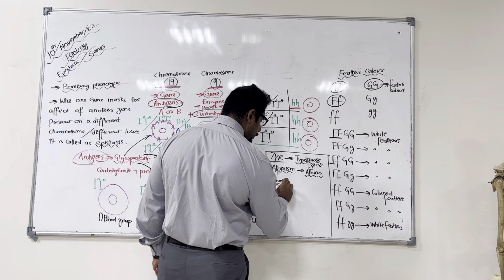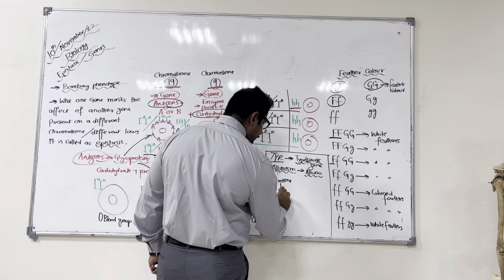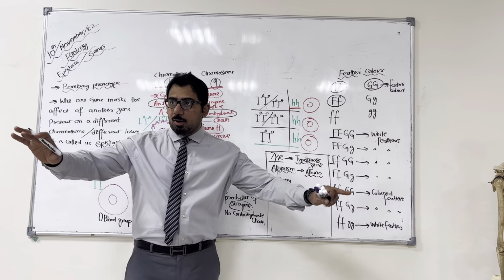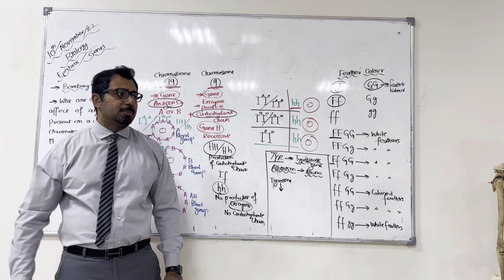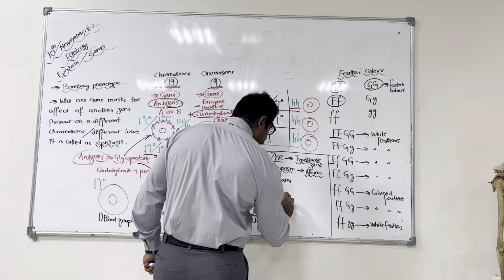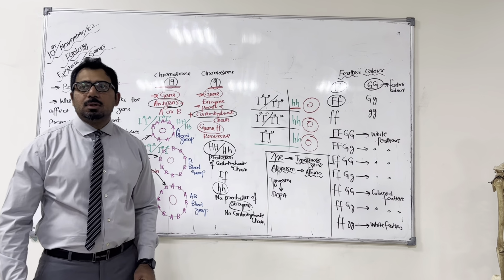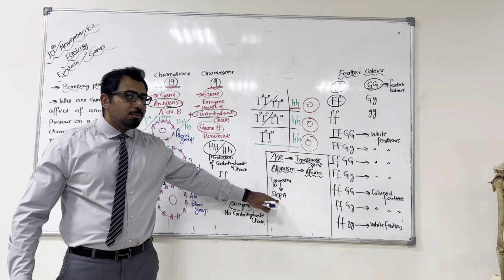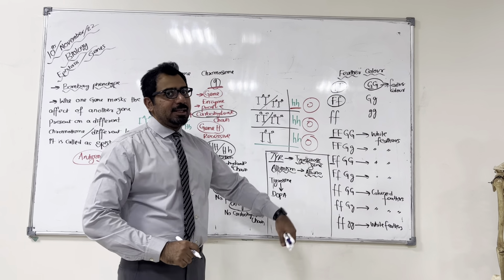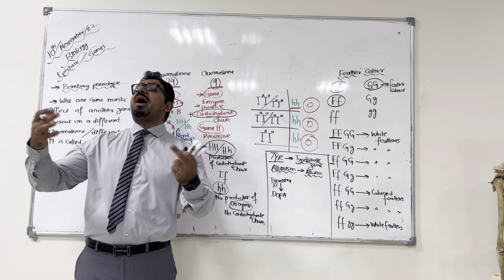Now, let me tell you one thing about this tyrosine. First, in a normal person, I'm talking about normal people right now, it is changed into DOPA. What is DOPA? Dihydroxyphenylalanine. This is a modified amino acid.